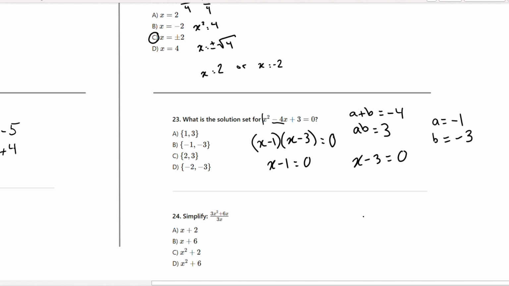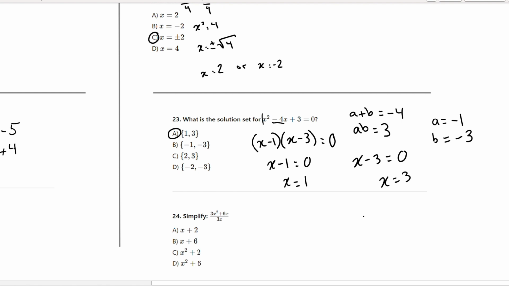If we add 1 to both sides, it would be x equals 1, or on this side we add 3 on both sides, x equals 3. So the solutions would be either 1 or 3. Choice A.